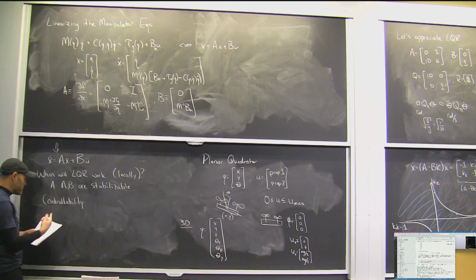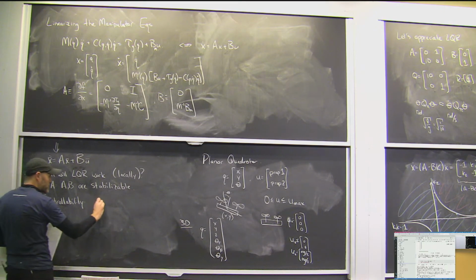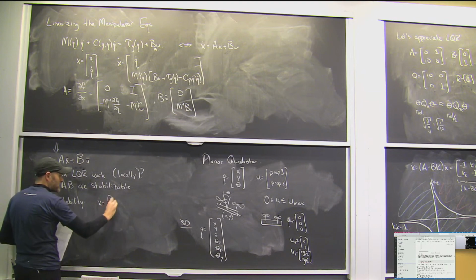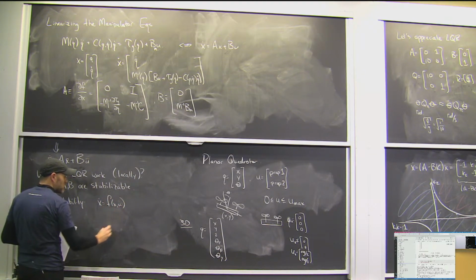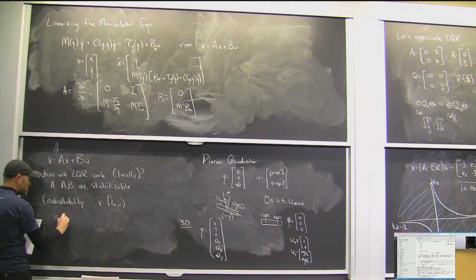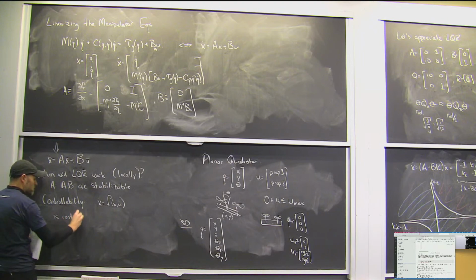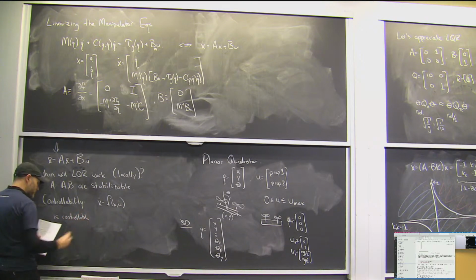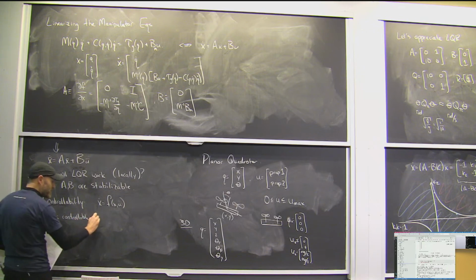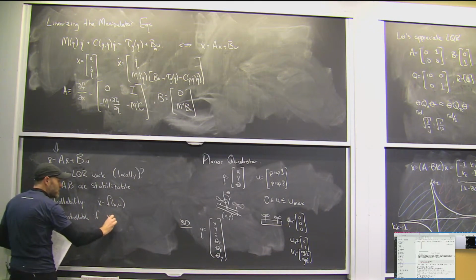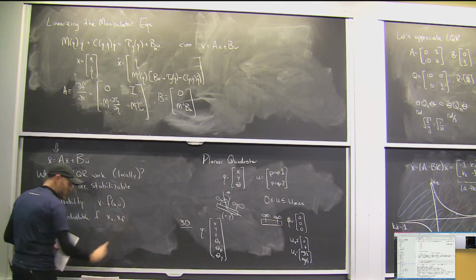A system, even a nonlinear system, x dot equals f of x, u, is controllable if the game is you give me any initial conditions and final conditions.